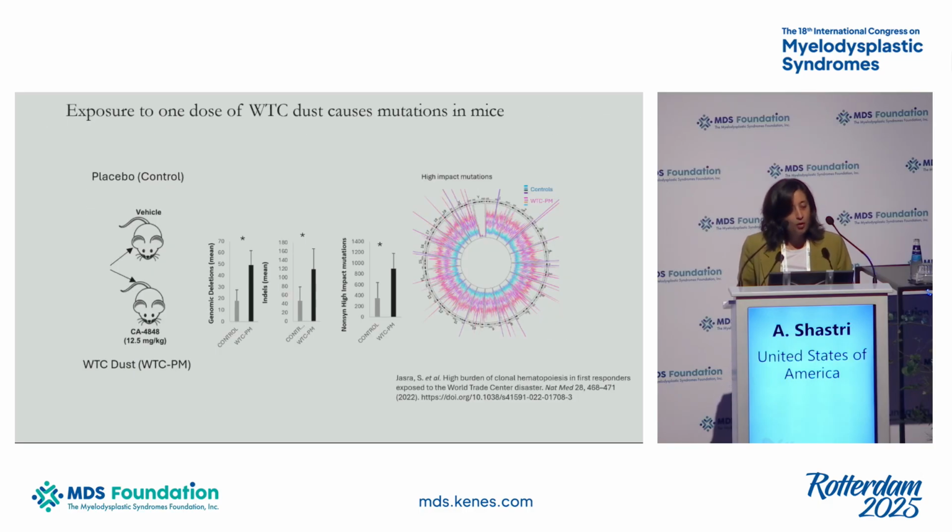And some in vivo modeling of this work actually did show that, compared to vehicle-treated mice, the World Trade Center dust-exposed mice had more genomic deletions, more indels. They had more synonymous high-impact mutations, as you can see here in this circos plot, compared to controls.